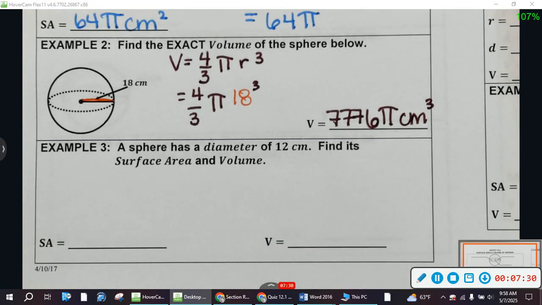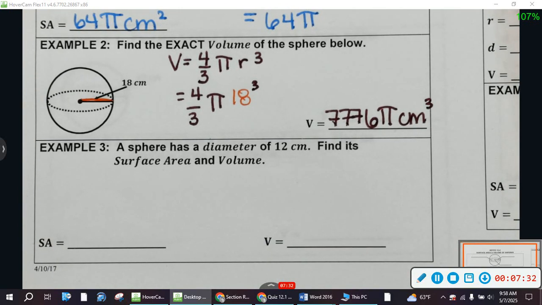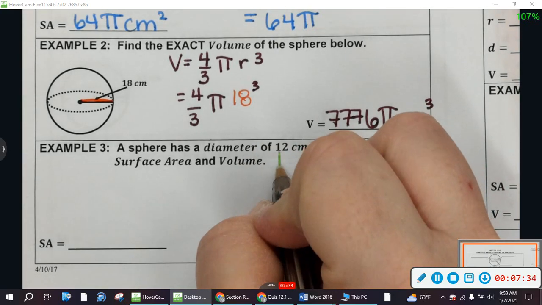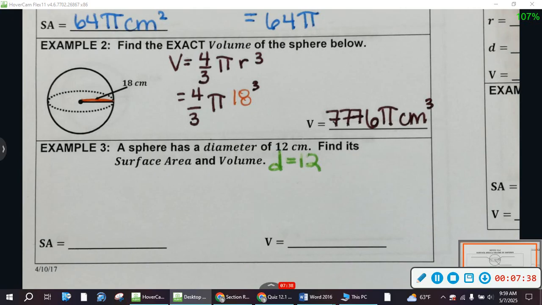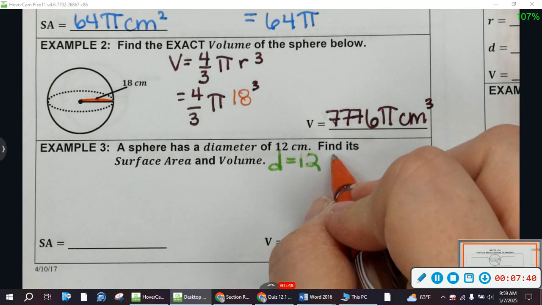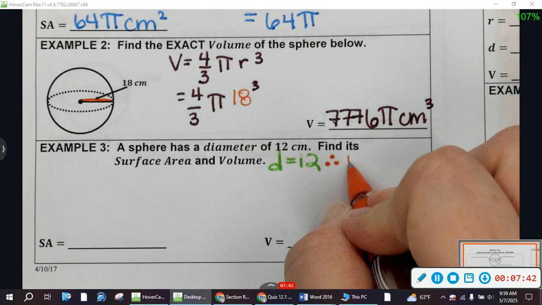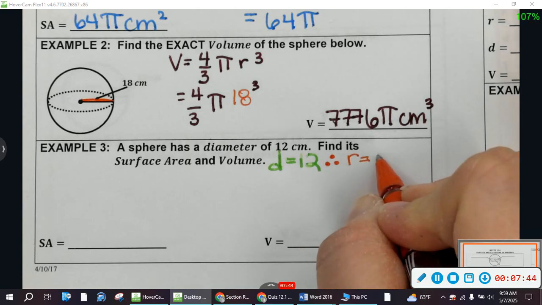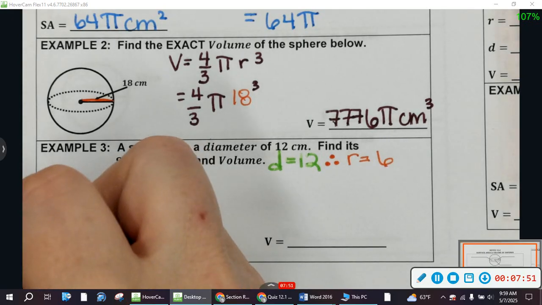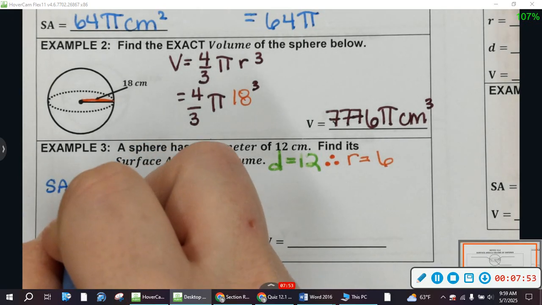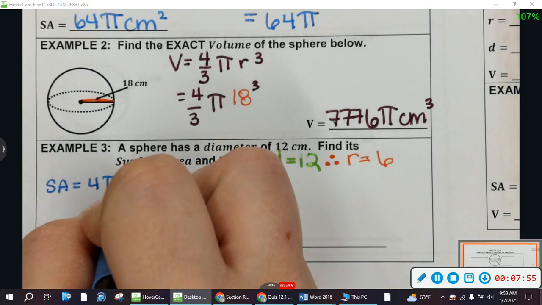So we'll practice this again, but they gave me a diameter this time. Remember, we actually need the radius, but that's not bad because the radius is half of the diameter. So half of 12 is 6. I'm going to plug that in for my surface area, 4 pi r squared.